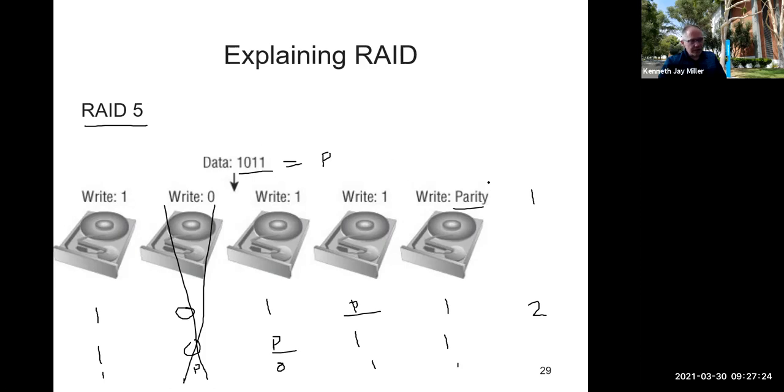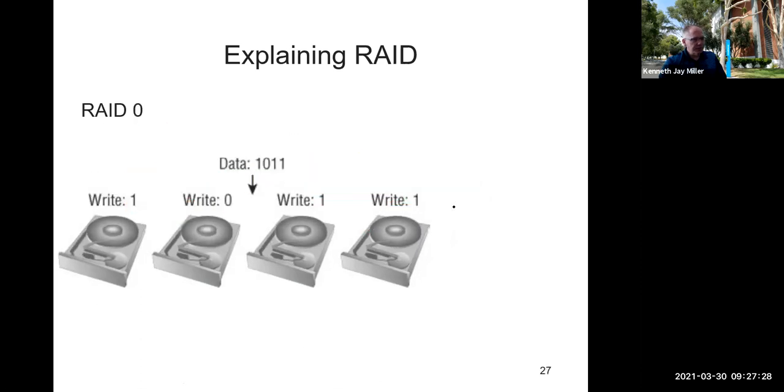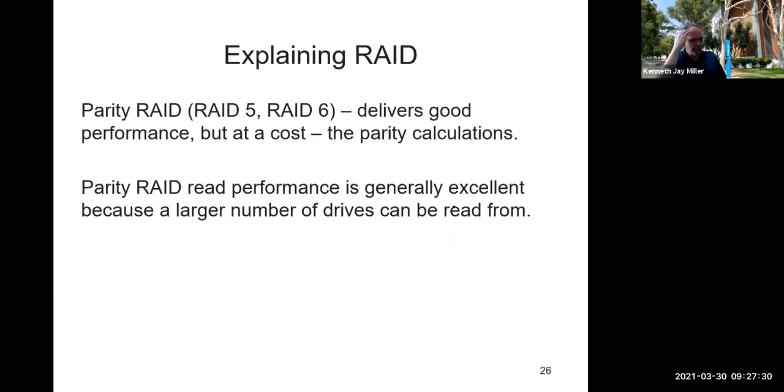Now, the controller, this processor, will have to rebuild that data by using the parity. Okay, but there's a cost. The cost is it takes time to calculate the parity. So when we're reading data, performance is normally very, very good because a large number of drives can be read from, but the writing takes a little longer because it has to calculate the parity.